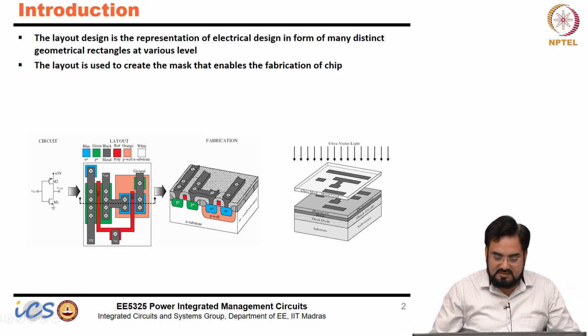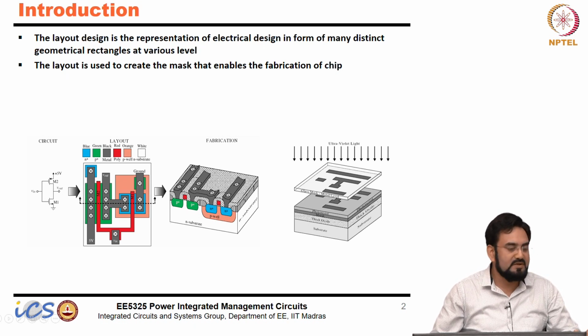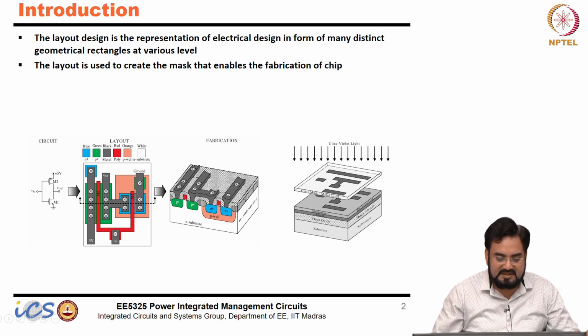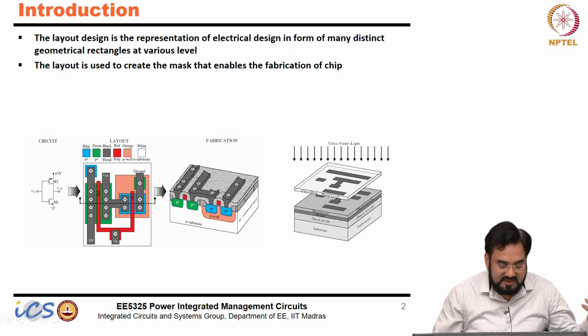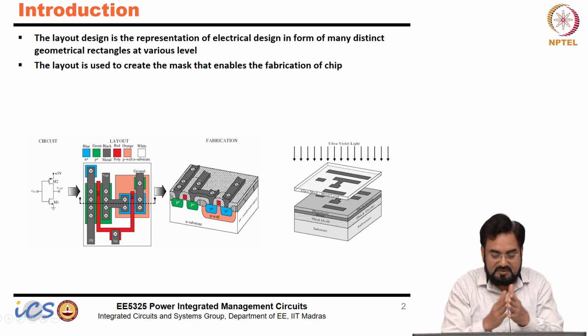So, this is your actual structure. This is your inverter, which has both PMOS and NMOS. This is your layout actually. This layout is telling nothing but what all layers need to be in your chip, how these layers will look, what the spacing between them should be, what the channel length should be, what the width of your transistor should be, how many contacts you need, what the metal width should be.